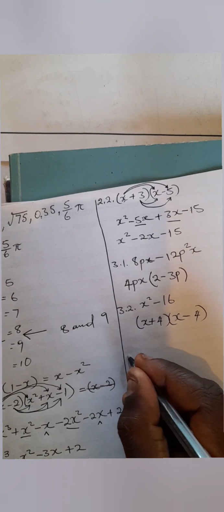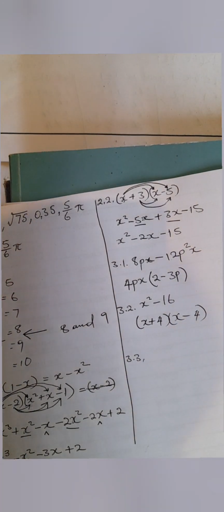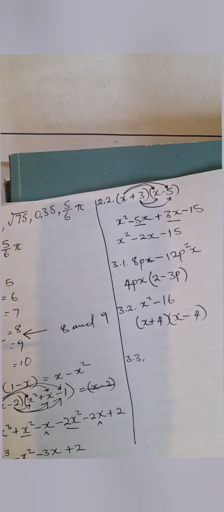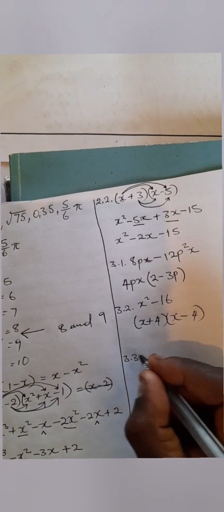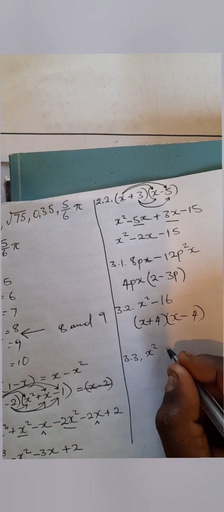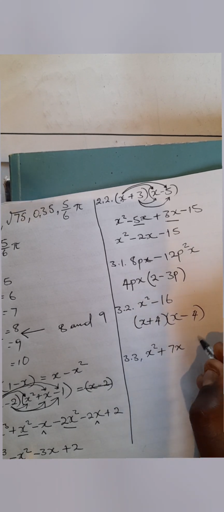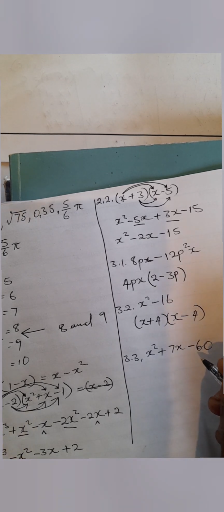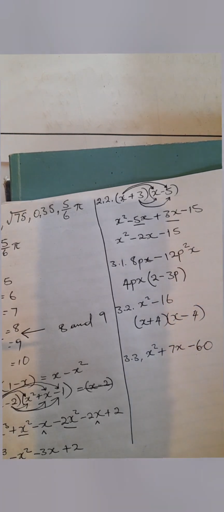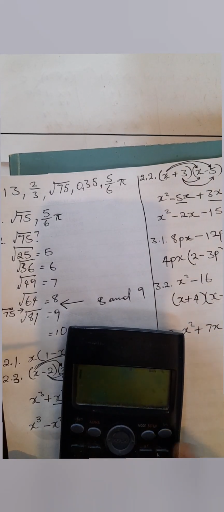Okay, moving on to 3.3. 3.3 says x squared plus 7x minus 60. What are the factors here? Let's see.